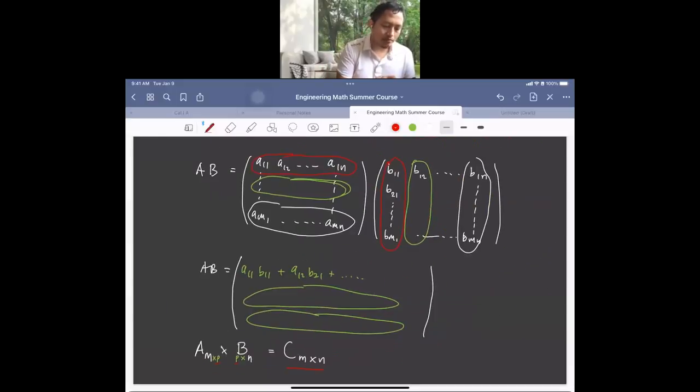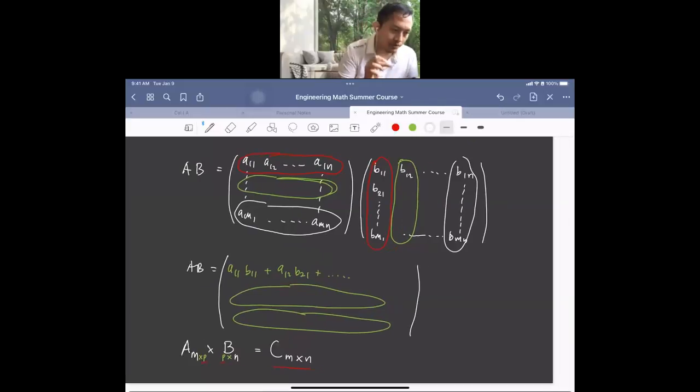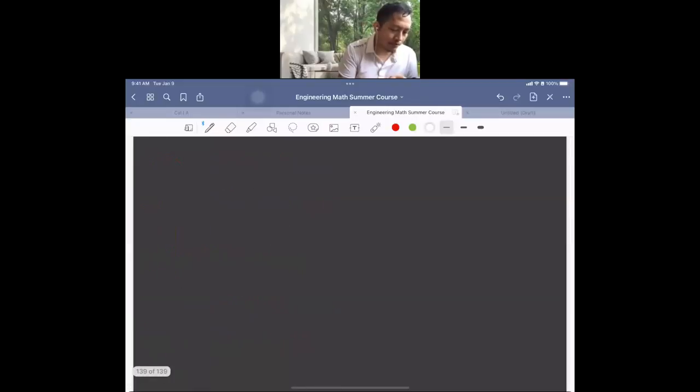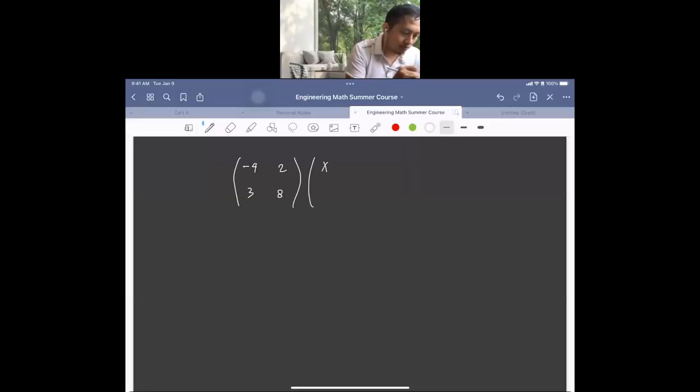And we can use this matrix to set up our system of linear equations. For example, if you want to set up a system of linear equations in x and y, we can set it up as negative 4x plus 2y, 3x plus 8y.